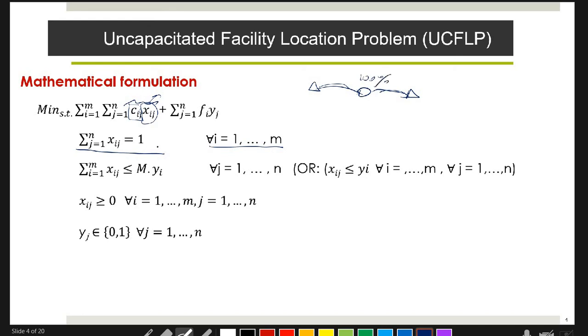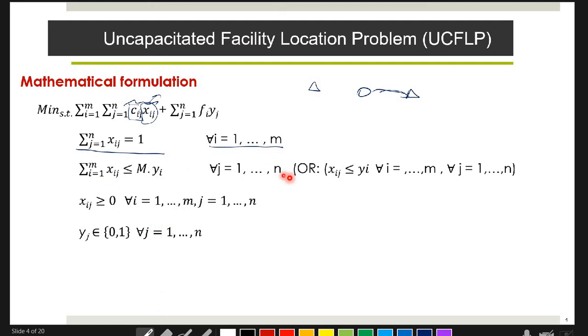And again, even if we don't require it, in the optimal solution the whole demand of each customer will be satisfied by a single facility. So by the help of this constraint, you will have 100% of the customers satisfied from single open facilities.